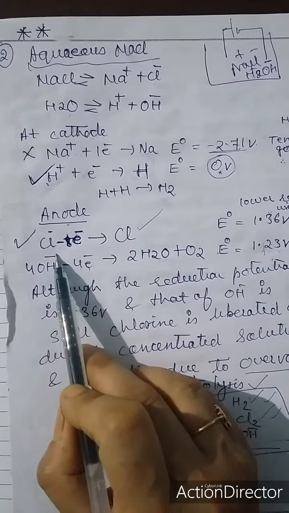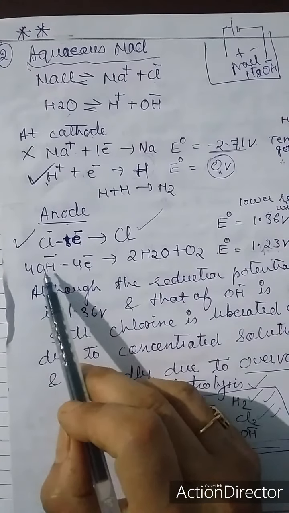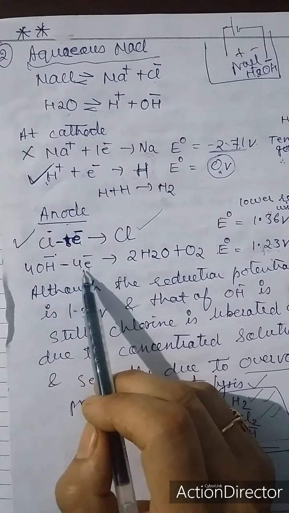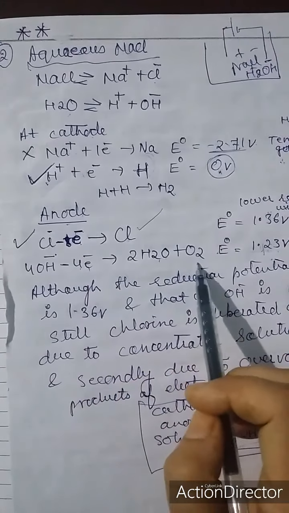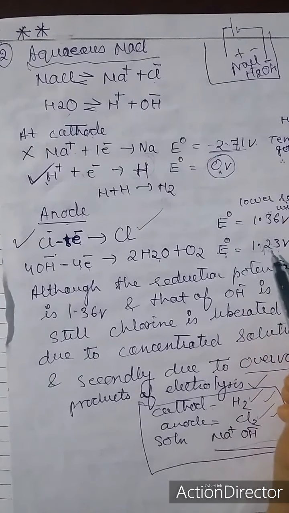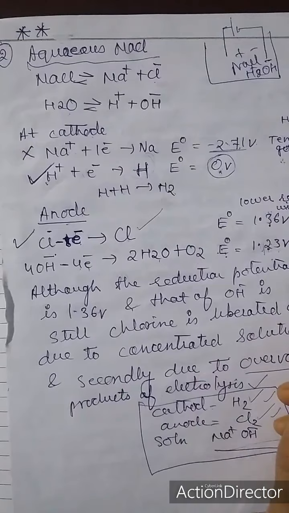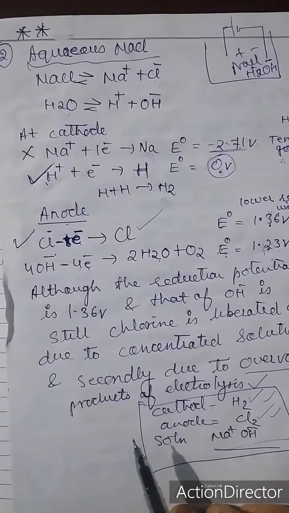Whereas at the anode you can see chloride ions losing electrons to give you chlorine, and hydroxyl ions losing electrons to give you water and O2. Now if you compare the E values of these, the one with lower reduction potential will deposit. The reduction potential of chlorine is 1.36 volt, and that of hydroxyl ion is 1.23 volt.